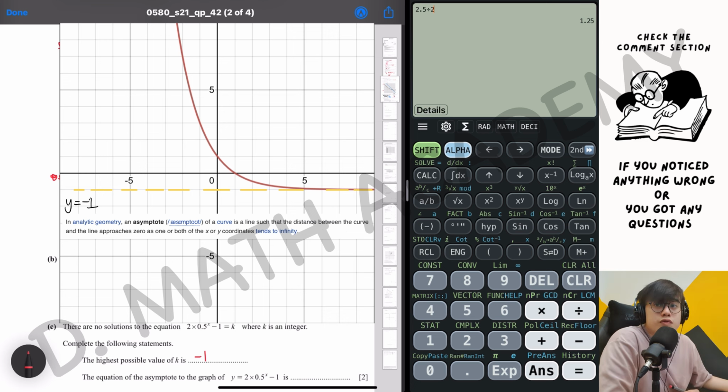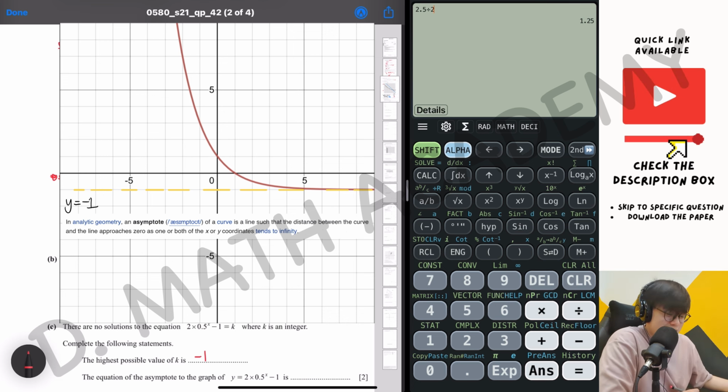So this is the reason why your answer is y equals -1.